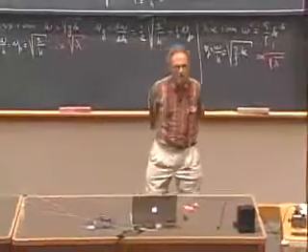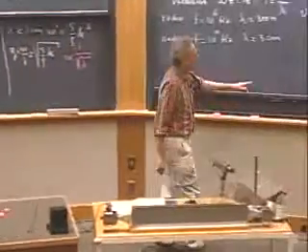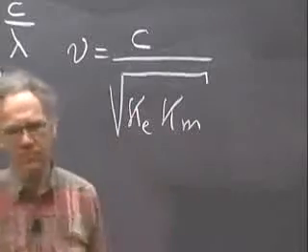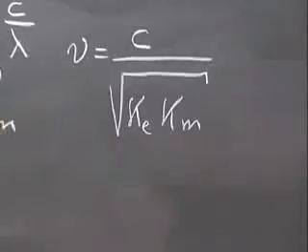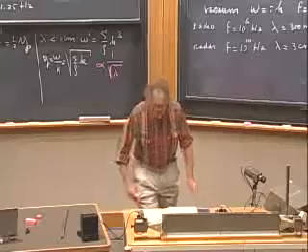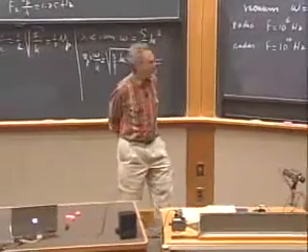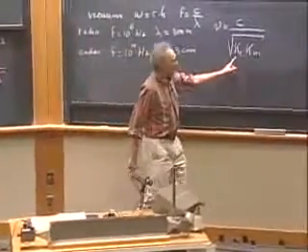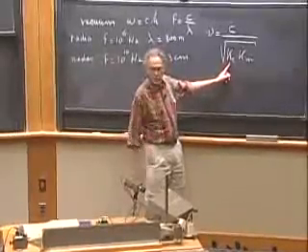And in vacuum, this is 1, and this is 1. But that's not the case for water, and that's not the case for glass. And in fact, this kappa E is strongly frequency dependent.